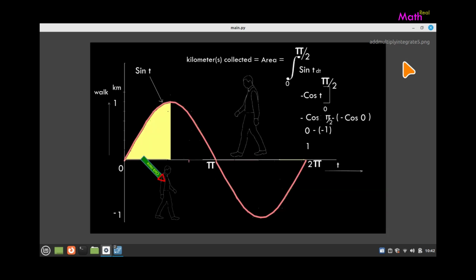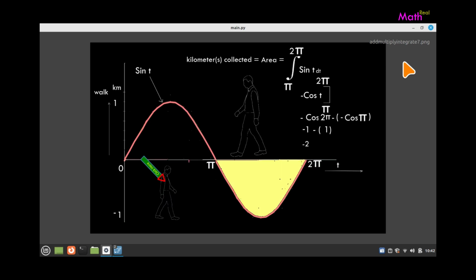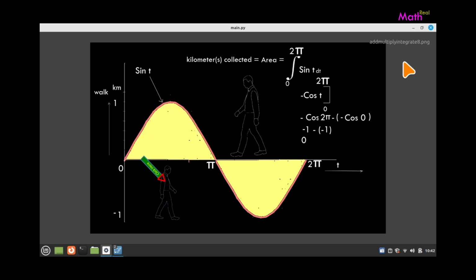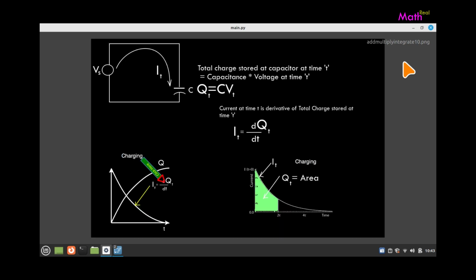Now we go further and we see, range by range, we calculate the area and we see the integration. And in the sine wave, we calculate the area and we come to a solid concept, that integration is nothing but the area. And if we know the area, then calculating the differentiation is getting back its equation.